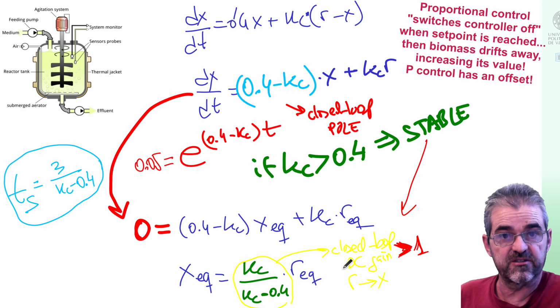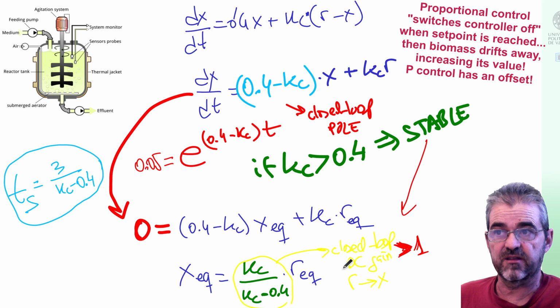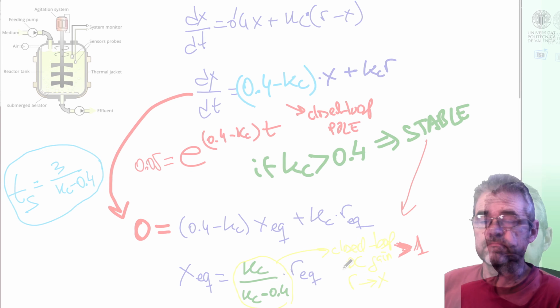So from common sense considerations, we can indeed understand that this proportional control will keep a biomass value slightly larger than the desired one, because proportional controllers turn off control when the set point is reached, and that's sort of wrong, and that's why integral action was invented, but that will be left for future videos.